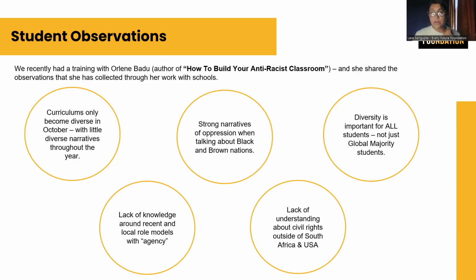Diversity is important for all students, not just global majority students. A lack of knowledge around recent and local role models with agency. So role models that are local and that are recent, have done amazing things, and that have taken to tackle a problem within their community or within the world, and they've obtained solutions. And lack of understanding about civil rights outside of South Africa and the USA.